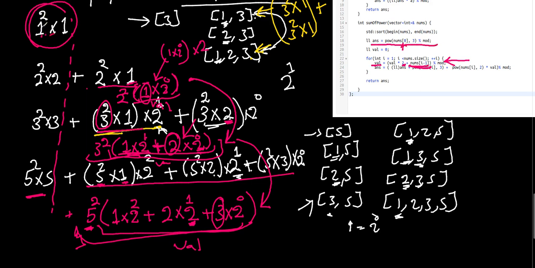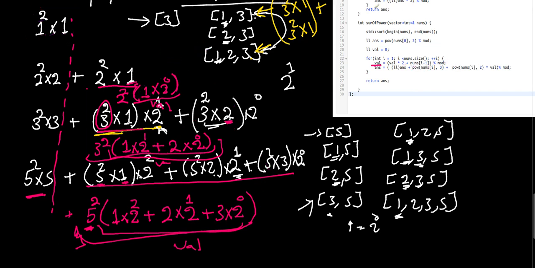So this is 1 to the power 3, and we start iterating over the elements from index 1, and we set the value to start at 0, and we multiply it by 2, and we add to it the previous element to form this expression here, then this expression, and we multiply this value by power of the current one, power of 2.